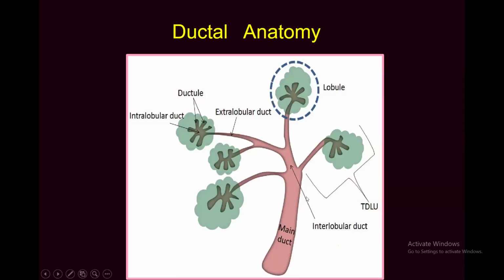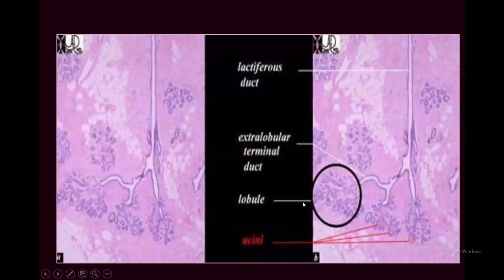We call them also interlobar ducts, and these subsegmental ducts divide more and more until they reach the terminal ducts, and the terminal ducts outside the lobule we call extralobular duct, and inside the lobule is intralobular duct. So the extralobular duct joins the lobule with the main ductal system.